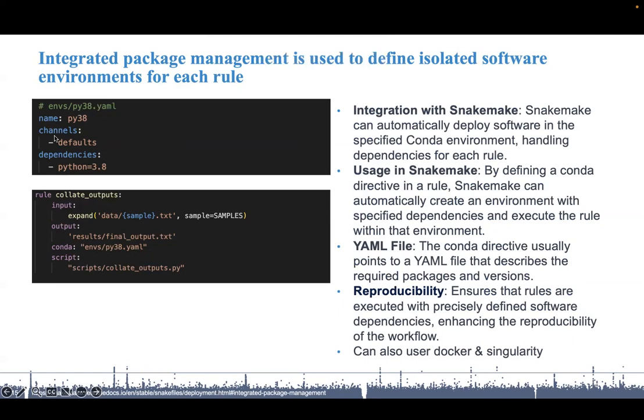So here we're just using the defaults defined by Snakemake when we install Snakemake, but we could say we only want to use Conda Forge, for instance, or Anaconda. And here we're saying we want to make an environment that's solely composed of Python version 3.8. So every time we run this rule now, it will always be run within an environment that has Python 3.8 installed. And we basically say, again, within our Snakemake rule, we have a conda directive pointing towards the specific conda environment that we want to use.